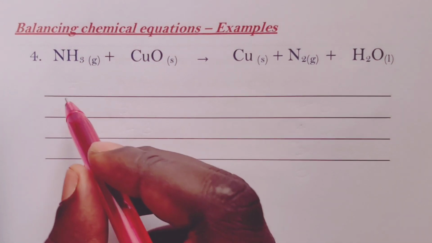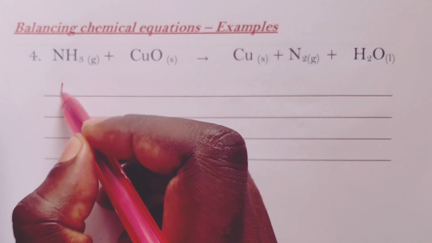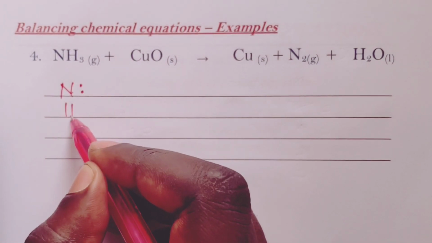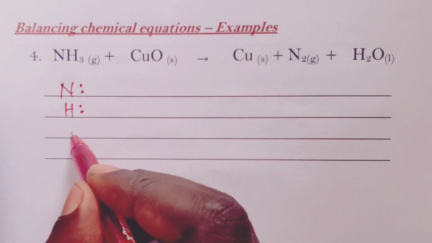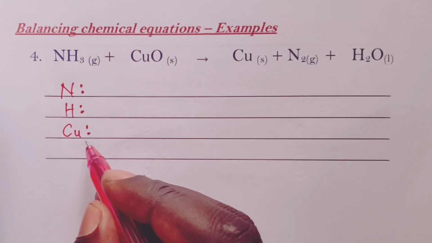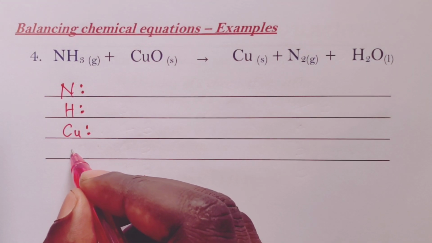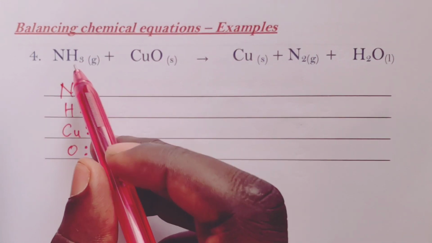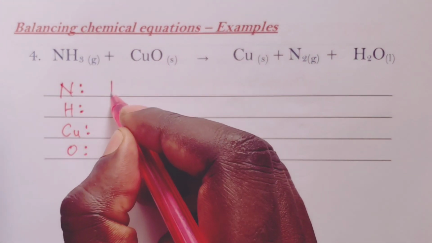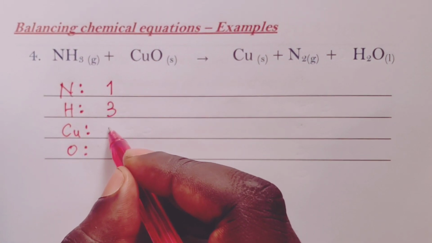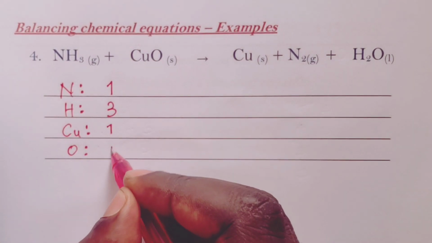As usual, we begin balancing by counting the number of atoms of each kind on the left and on the right. On the left we have nitrogen, hydrogen, copper and oxygen. Let's count. Nitrogen 1, hydrogen 3, copper 1, oxygen 1.